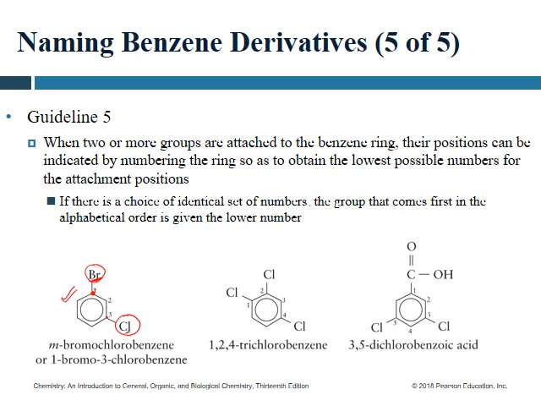Because we have to use a rule called alphabetical order. We have to name it alphabetically. So bromine comes first, then chloro. So that's why we have to give the preference to the bromo in this case. So we can write 1-bromo-3-chlorobenzene.